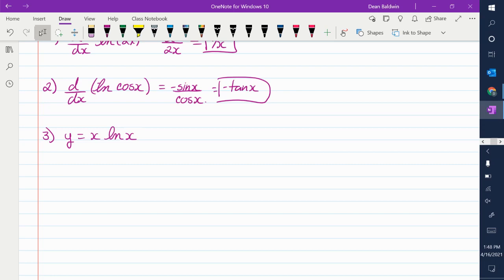So the derivative of the first one, which is x, is 1. So y prime is going to be 1 times the other function plus the derivative of natural log of x, which is 1 over x times the other function, which is x. So what's my answer? Natural log of x plus 1.